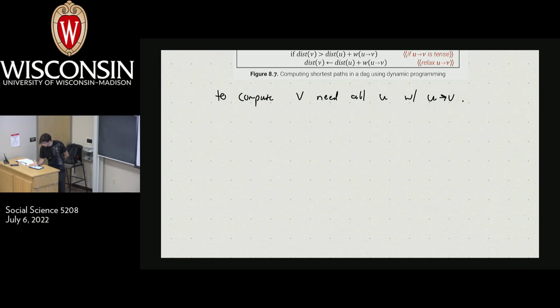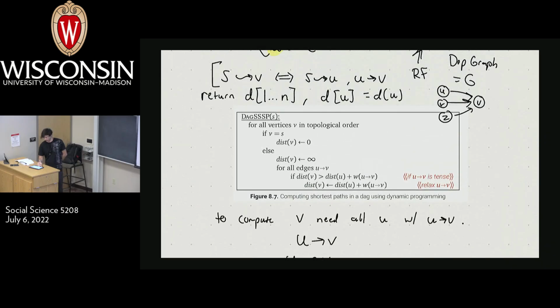If U has an edge to V, then U needs to come before V in the order. So what's our evaluation order? Any topological ordering. Any of them. Doesn't matter, we don't care. So the dependency graph is the graph, and the evaluation order is going to be a topological order.